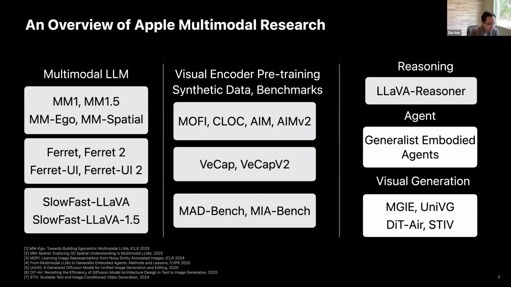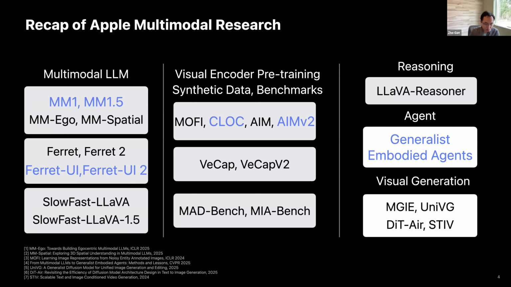Last year. As you can see, there is so much work here, and we only have relatively less than 1 hour, so I will focus on some selected work that I'm interested in talking about today. I will first briefly talk about MM1, and then for image understanding, which I think is a really interesting topic, I will briefly mention Clock and MV2.